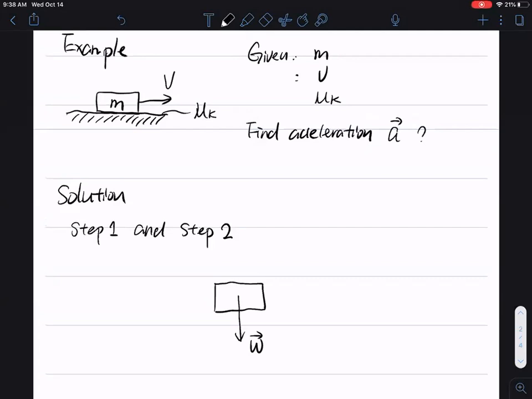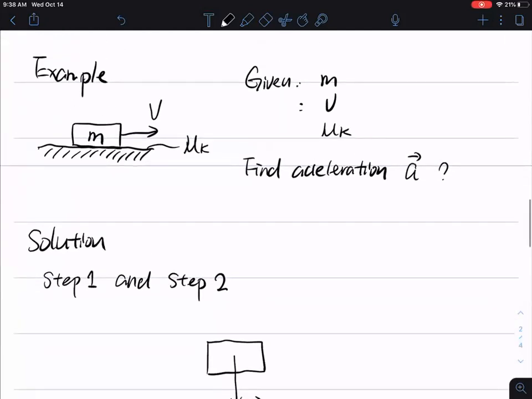Kenny, what is the second force on your free body diagram? Another force to the right. What would happen if you have a force to your right? Is this block slowing down or accelerating?